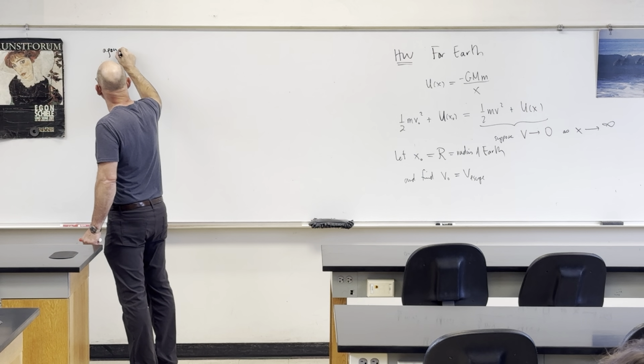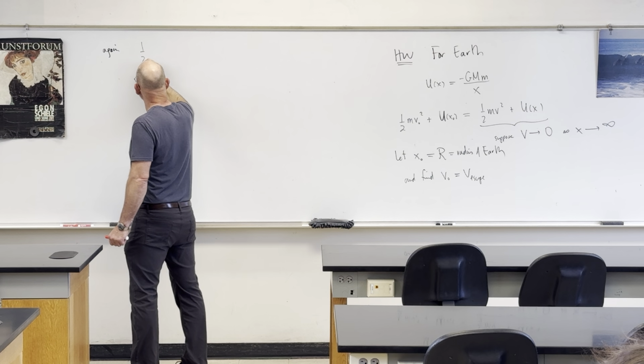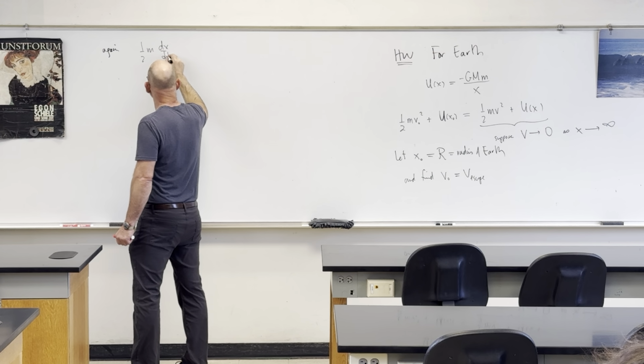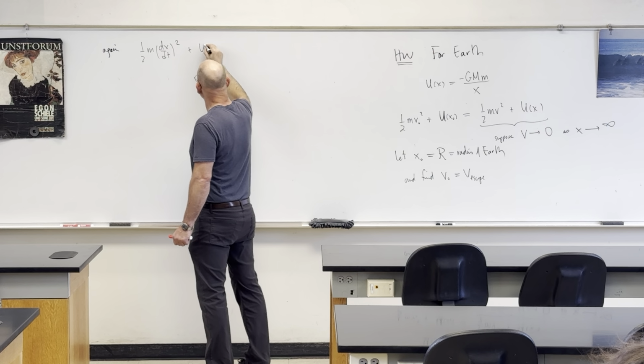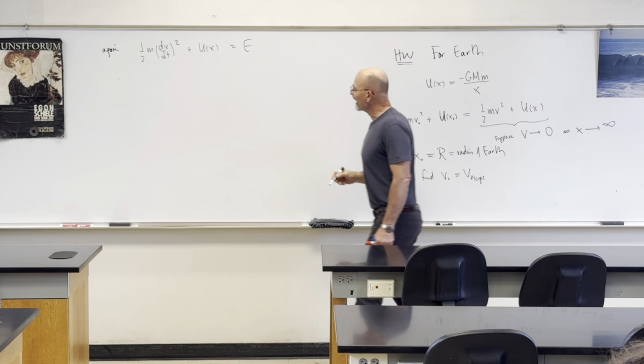So again, we're going to have 1/2 m, and this time I'm going to write it out this way, dx dt squared, plus U of x equals E. So we have plenty of examples of this.